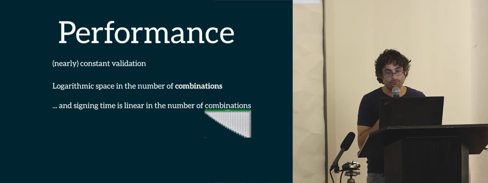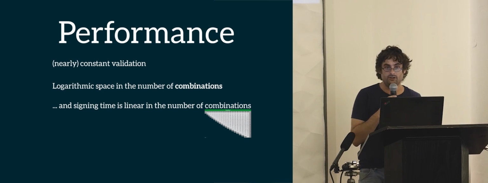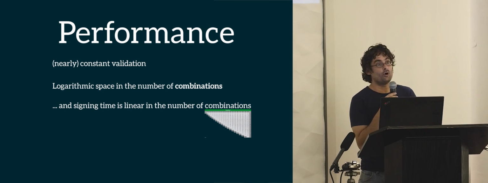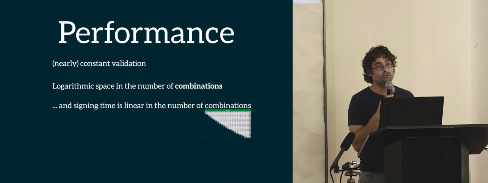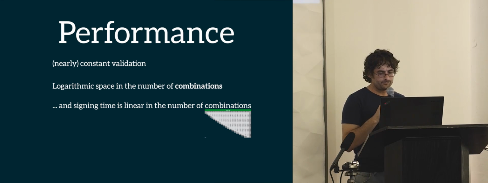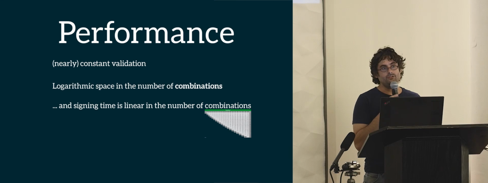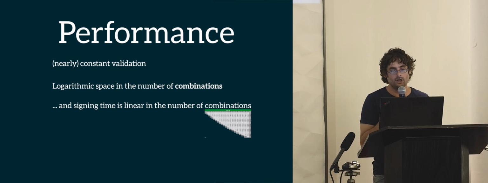So the performance of this is it's still nearly constant validation time because there's only a single actual expensive signature check involved, though there may be several levels of hashes which are much faster. The space required for this sort of mechanism, so the amount of data this requires on the blockchain, is logarithmic in the number of combinations of keys.